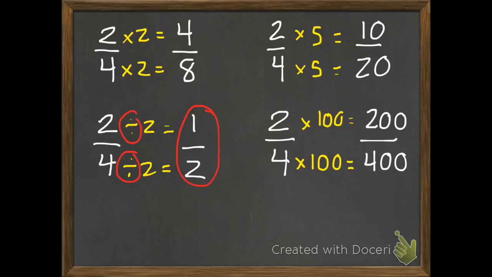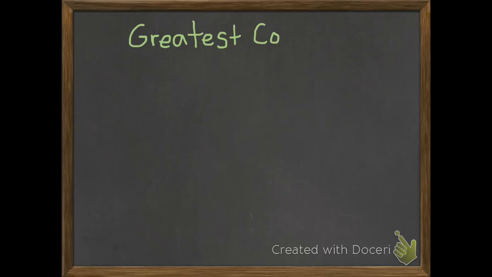So if you want to make a fraction simpler, you're going to have to divide, because if you multiply, it's just going to make those numbers larger and those pieces smaller, and it's going to be much more complex. It'll be equivalent, but not very simple. So how do we know what to divide our fraction by? Well, in just a second, I'm going to teach you what a greatest common factor is.